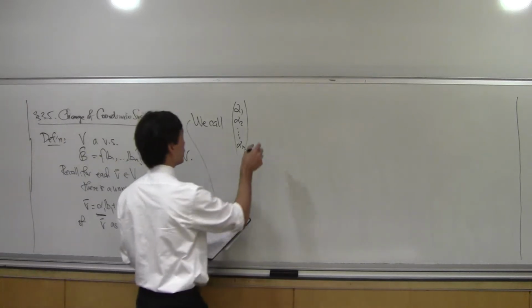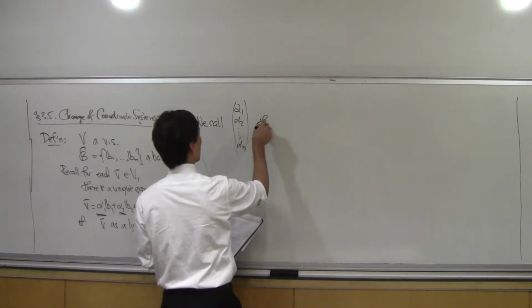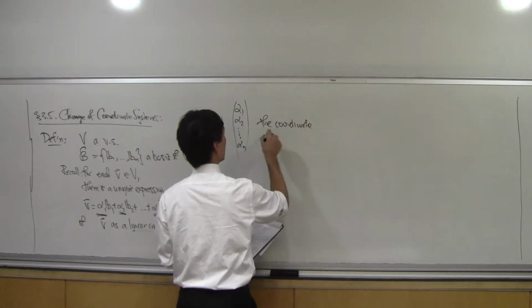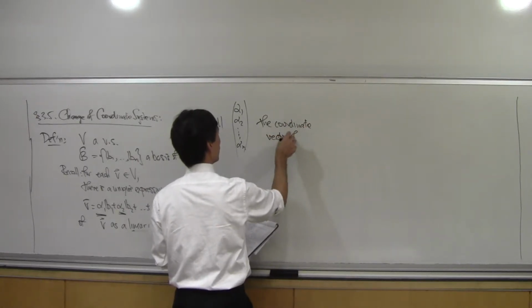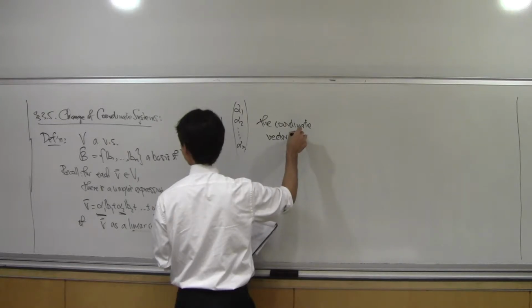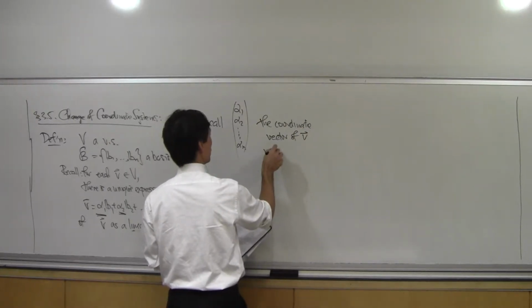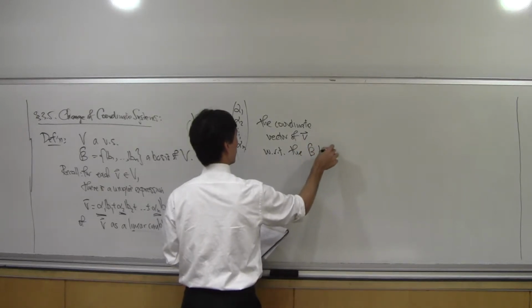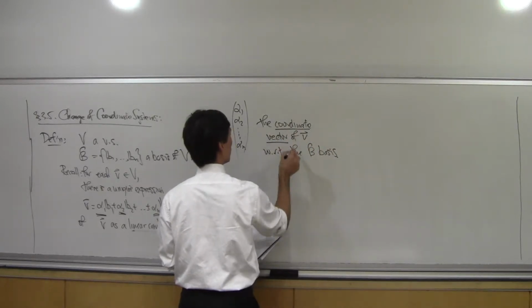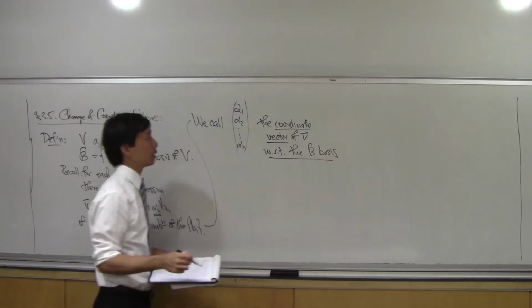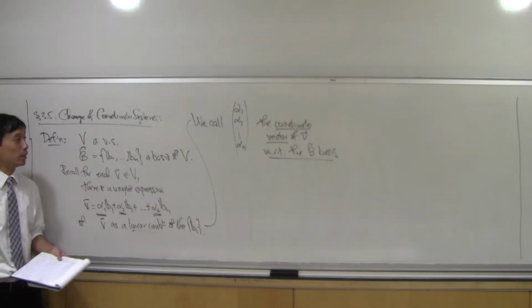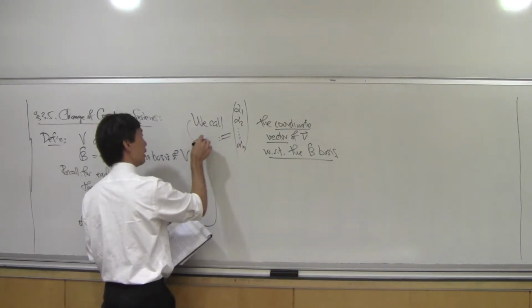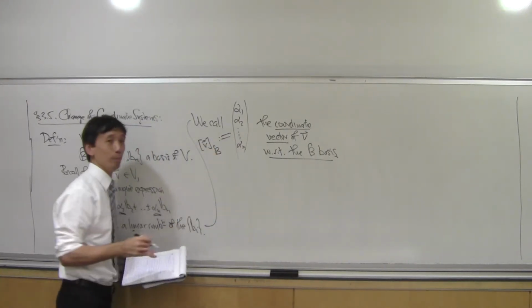We call that vector the coordinate vector of V with respect to the basis B, and we denote it by V in brackets sub B.